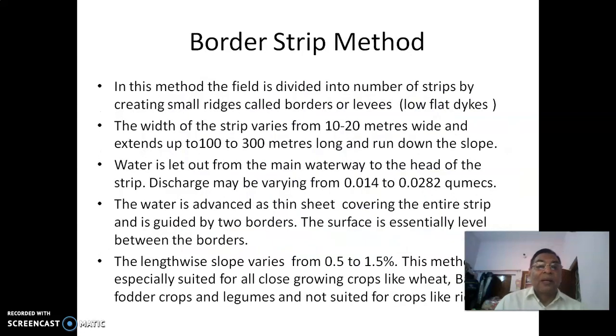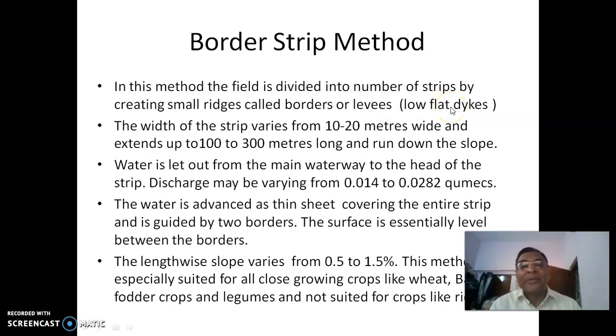This method basically involves dividing the field into a number of strips. Strip means it is bounded by some levees or borders or ridges, as they are called. This is how all these words are synonymously used: ridges, borders, or levees, or low flat dikes.